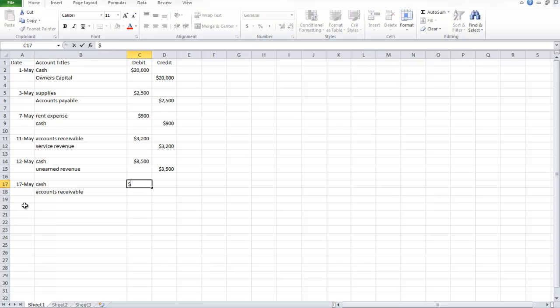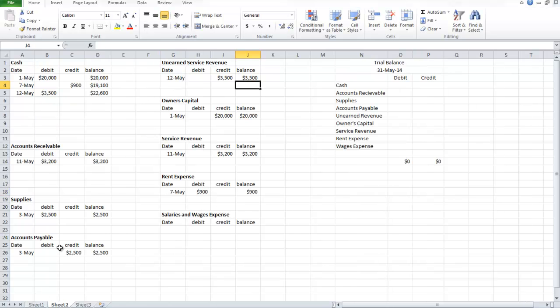So we want to debit cash $1,200 and credit or reduce the amount that's owed, i.e. accounts receivable. So we have a debit to cash. So our balance is going to increase. And accounts receivable is going to decrease.